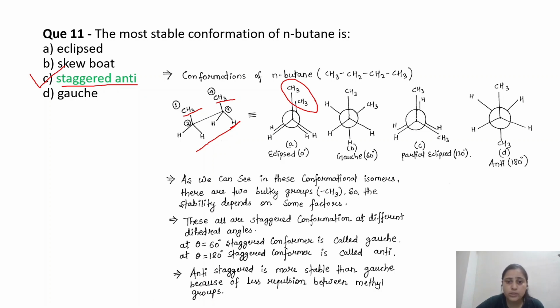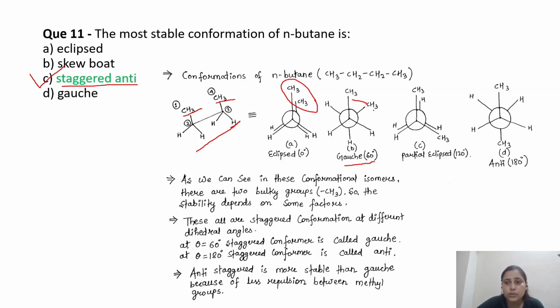Because these two bulky groups are near, there will be more repulsion of the methyl groups, and that's why it is unstable. When there is a 60-degree rotation of the methyl group from here to here, there is comparatively lesser repulsion than eclipsed, but it also has this repulsion force.